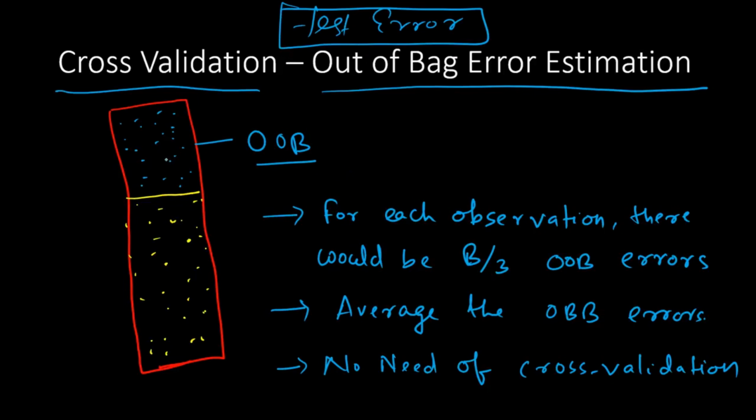So here we have sample data, and as I've said, 2/3 of the data is taken for model building, and it could vary. It's random. This particular line could be anywhere here. If you're taking n number of subsamples, n number of times you would take 2/3 of the sample for model building.